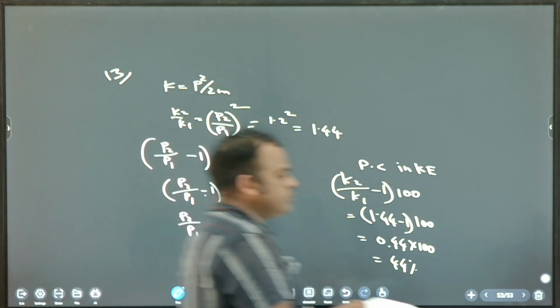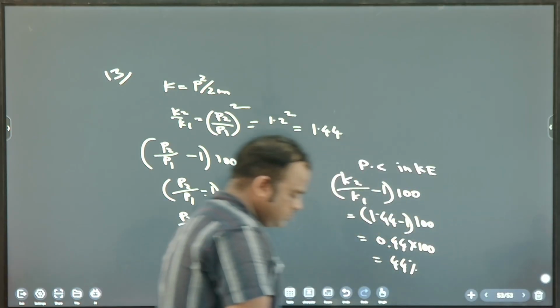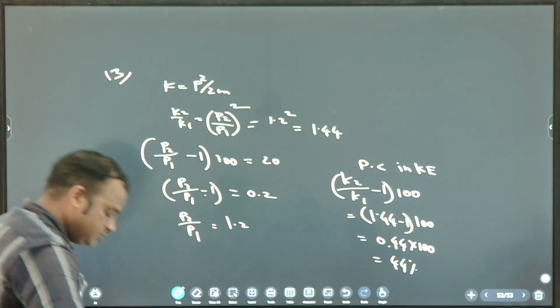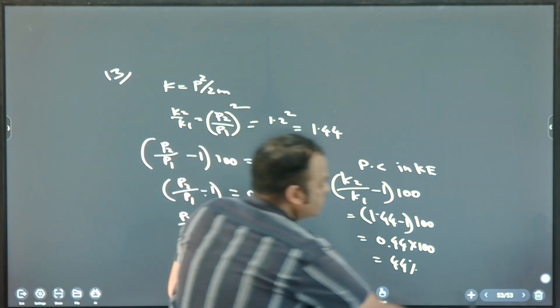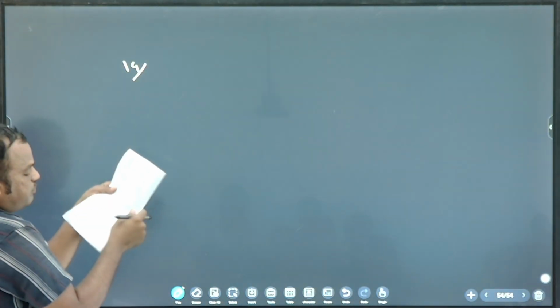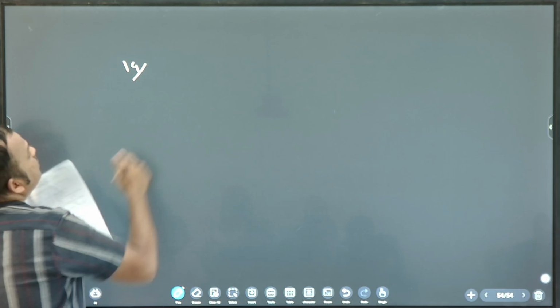So that is also kinetic energy and momentum. Okay. So next 14, two bodies of masses m and 4m, kinetic energy equal, ratio of momenta.